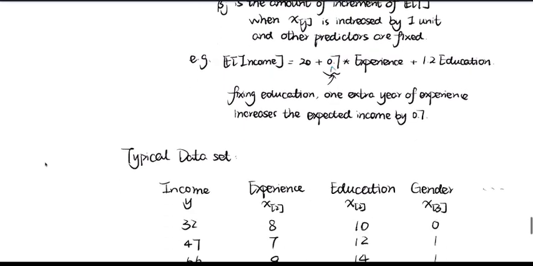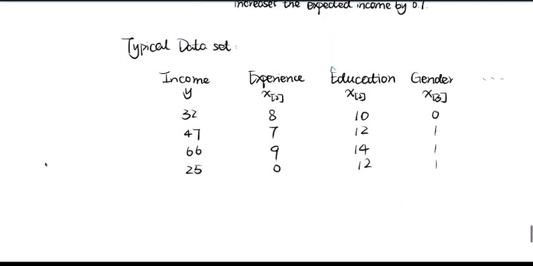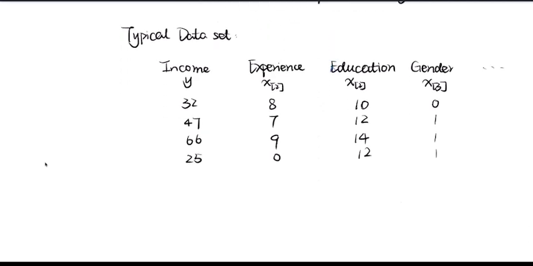Okay, now let's look at the type of data set you're actually going to have. You're going to have a data set on income, Y, then experience, education, gender. Take a look at what you see on that gender. You're going to see 0, 1, 1, because that is categorical, two levels of gender.